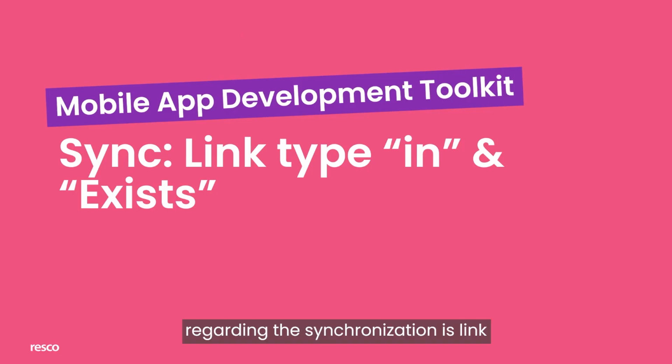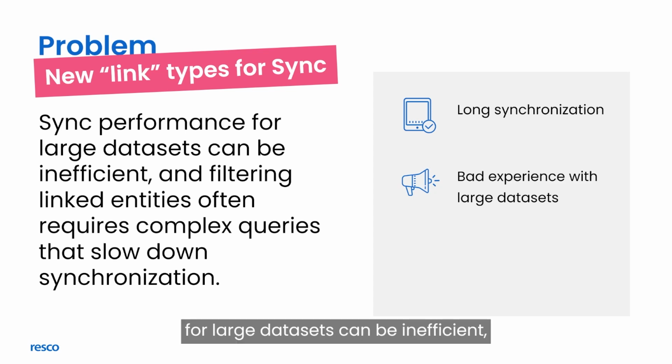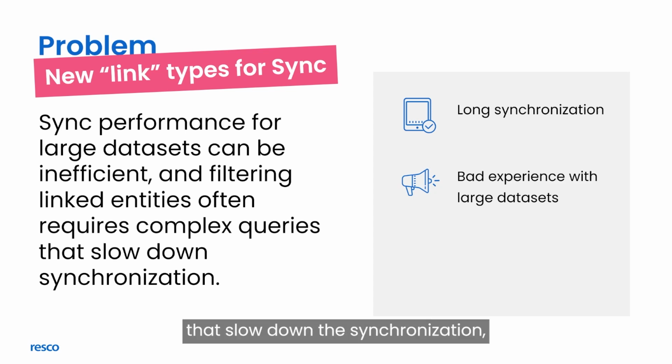Next feature regarding the synchronization is link type in and link type exists. What does it mean? The problem here is that sync performance for large data sets can be inefficient, and filtering linked entities often requires complex queries that slow down the synchronization. So it leads to longer synchronization and a bad experience with large data sets.